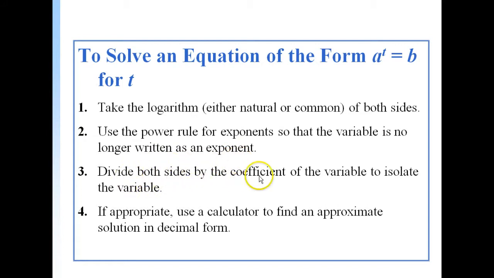Divide both sides by the coefficient of the variable to isolate the variable. If appropriate, use a calculator to find an approximate solution in decimal form. One of the examples we did in the textbook, they apparently wanted us to leave it the way it was, not in a decimal approximation.